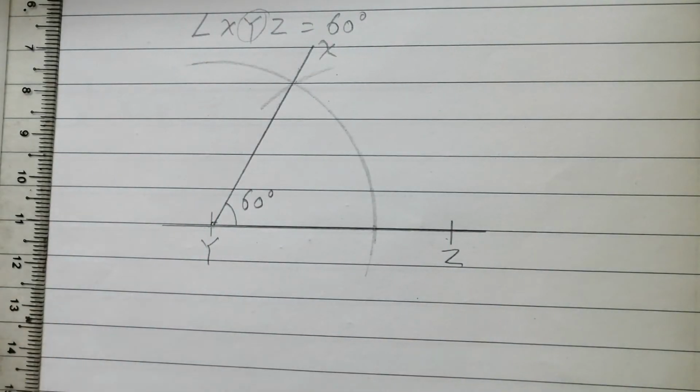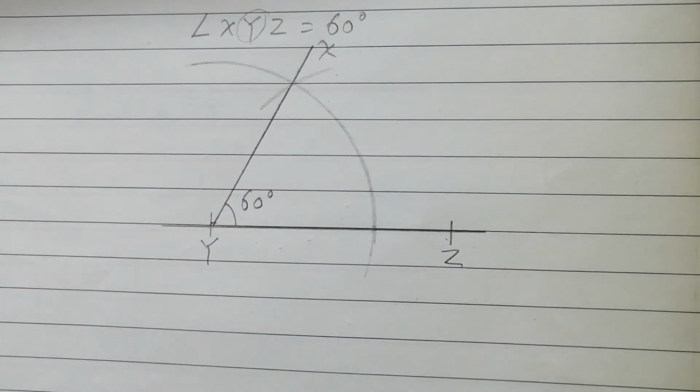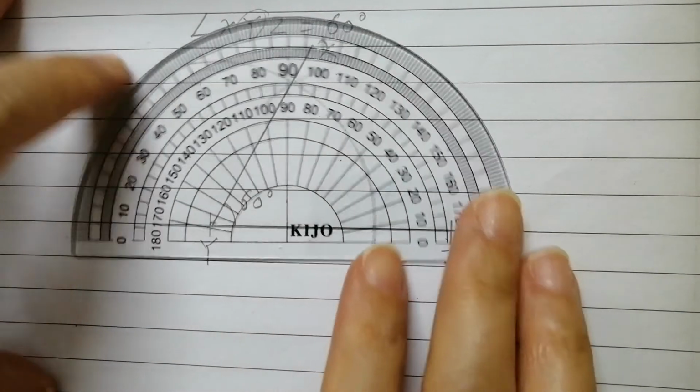Okay, to make sure that we have the correct measurement of 60 degrees, I will use a protractor to check my answer.